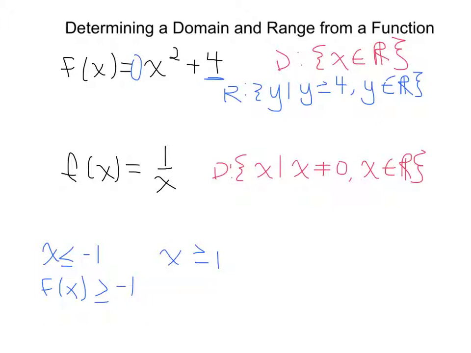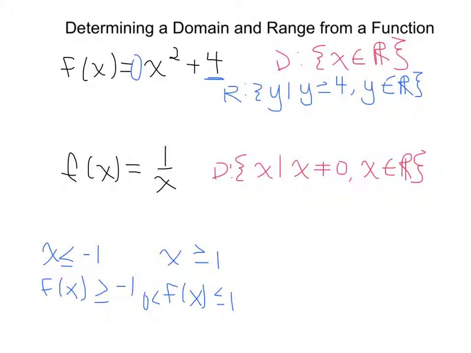So we're going to get f of x values that are actually between 0 and 1. And we can look at the x values that are greater than negative 1 but less than 0.